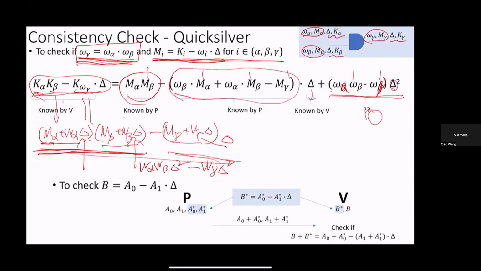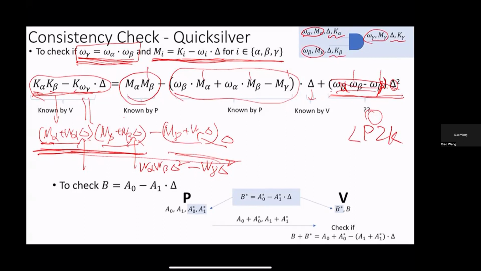If the circuit is computed correctly, then it will be a degree 1 polynomial, because this term will be cancelled out. This idea is originally from a paper called Line-Point ZK, also a very recent work.